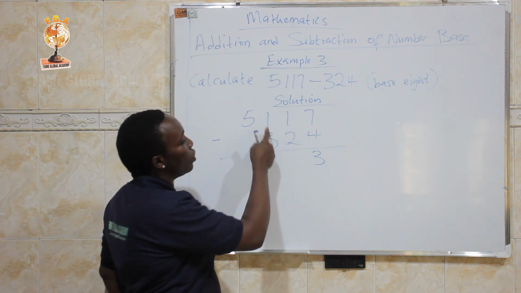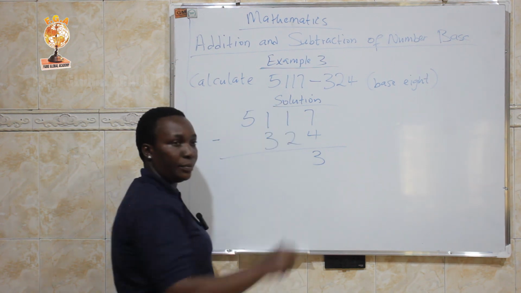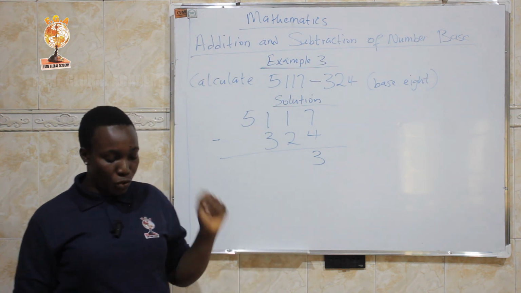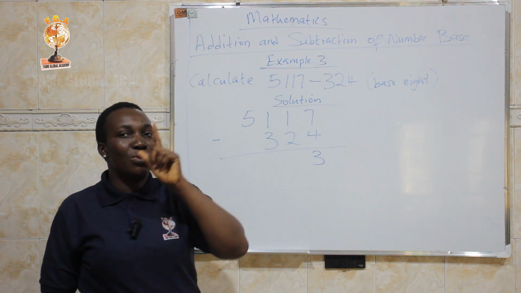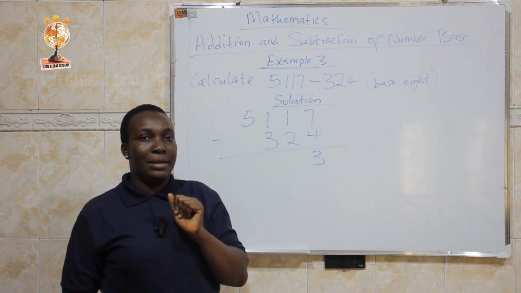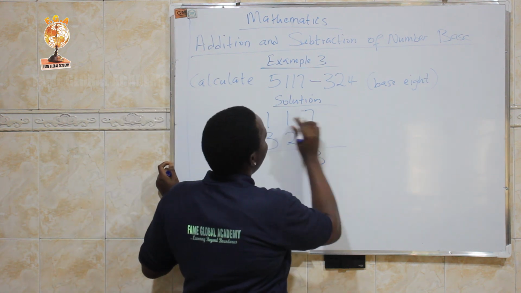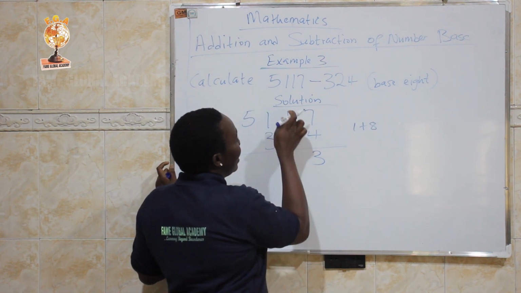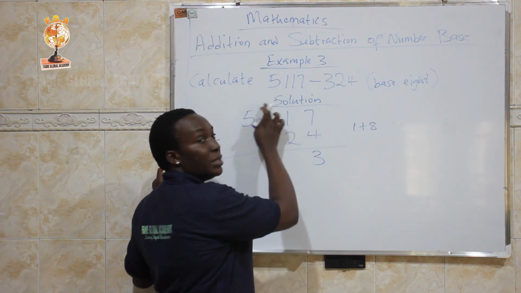So you have to borrow this 1, add to this 1, so that you'll be able to subtract it from the 2. And this one we are borrowing, we are not borrowing it as 1, we are borrowing it as the base, which is 8. Once you have borrowed this one and added it, remember that here is now 0.